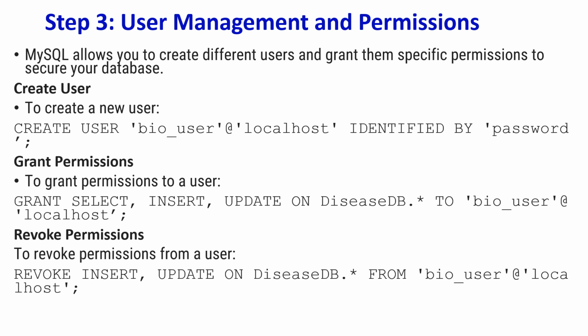To grant permission to a user, we just write grant select, insert, update on disease database dot asterisk to the name of that user, bio_user at localhost. Once you do that, you have granted permission to the user bio_user at localhost.